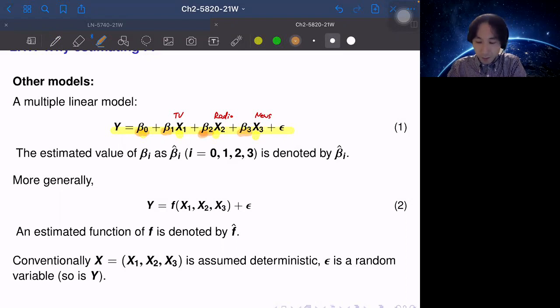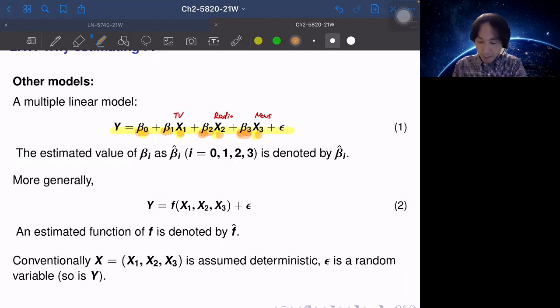Even if, for example, beta 3 in the previous slide is significant, possibly this beta 3 may not be significant, because if we know the TV advertisement amount and the radio advertisement amount, then newspaper isn't really a significant factor. That is a possible case.